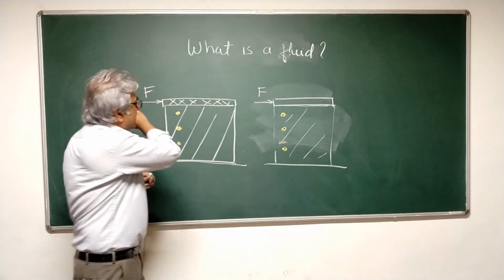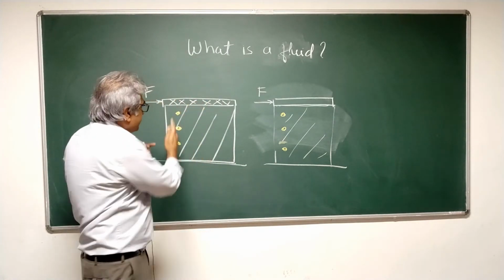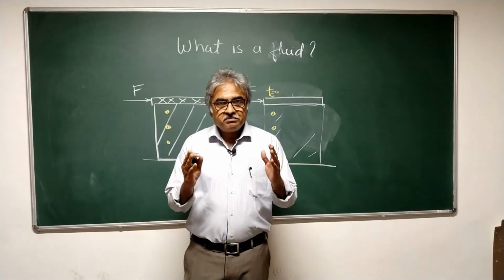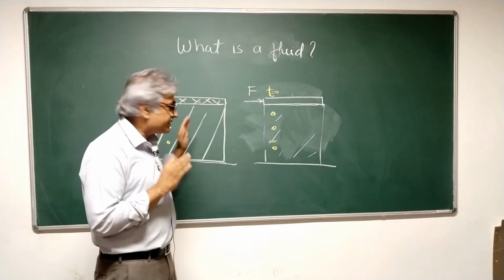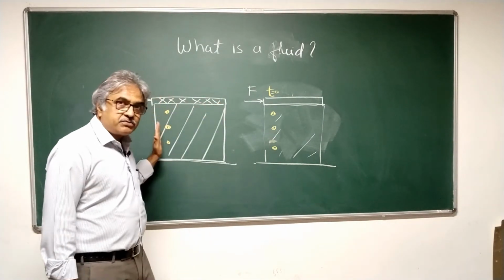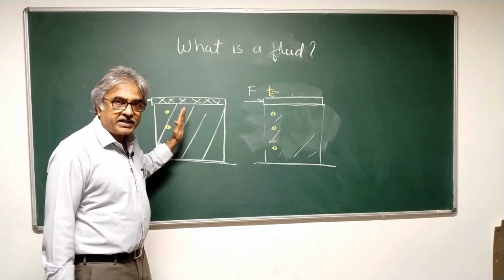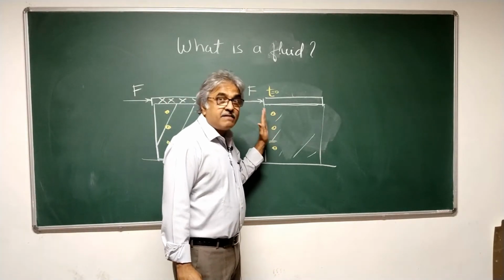Now when you apply the shear stress here, you will see that these points will not be dislocated. So when we apply this shear stress, in case of solid, these particles won't be dislocated. But here these particles will be dislocated.